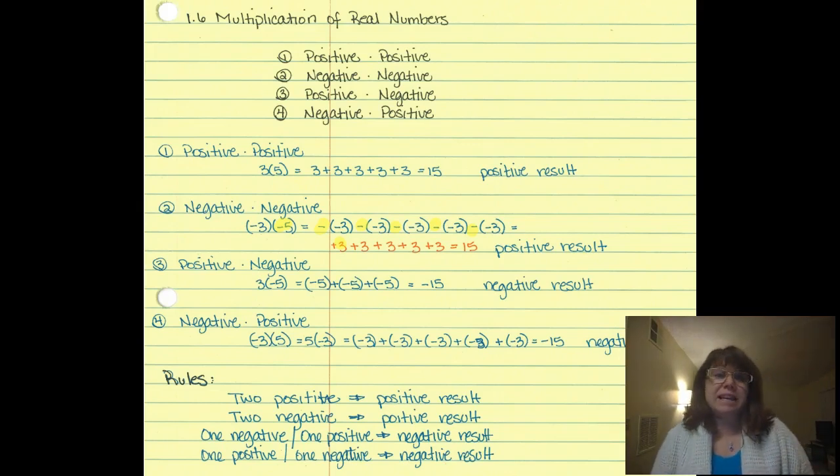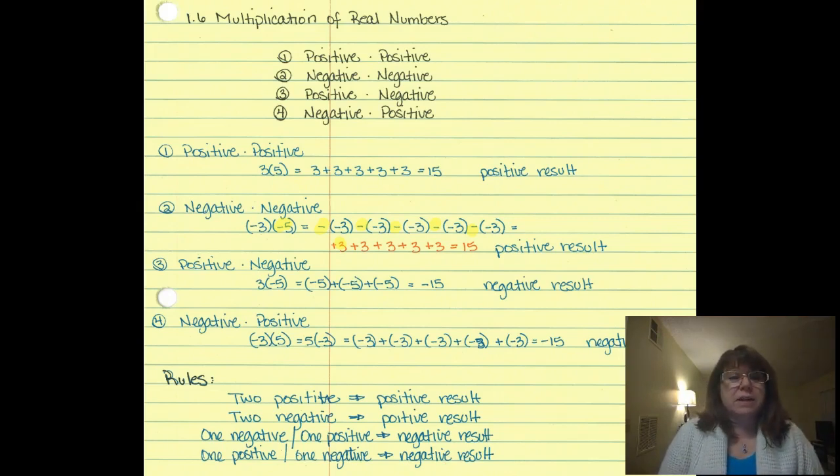A positive times a negative, well, that's going to be a positive 3 times negative 5. I can write negative 5 three times, and that will give me negative 15. So negative 5 plus negative 5 plus negative 5 will result in a negative result.